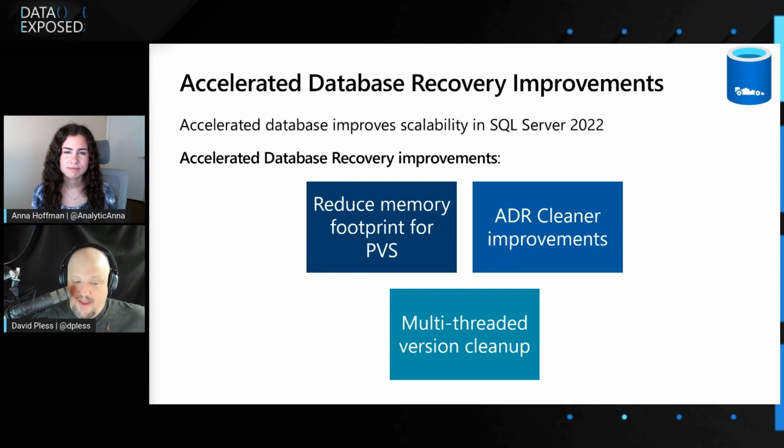So we go back and clean up these pages at a later sweep. In SQL Server 2022, we check to see if there are any aborted versions before ever adding to this list. So the list is reduced, and as a result, it's a much more efficient process. We've reduced the memory footprint for the persisted version store, and PVS growth is much better controlled.